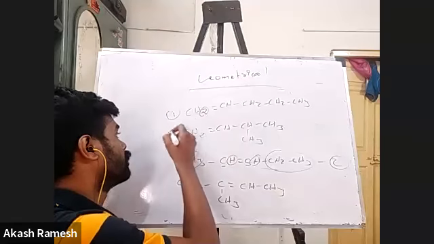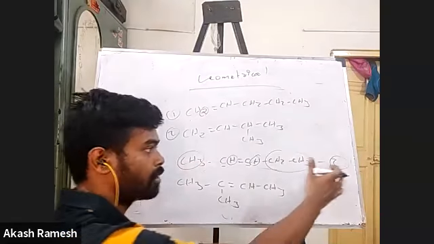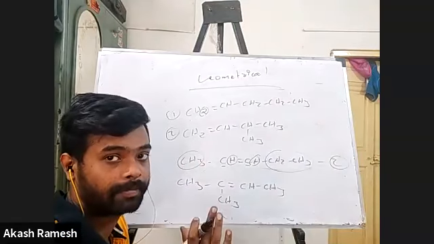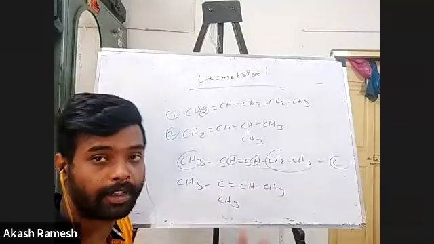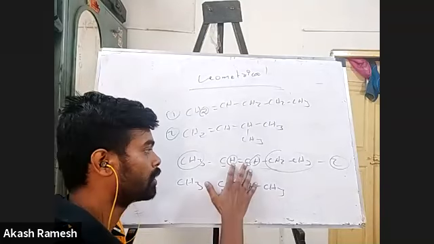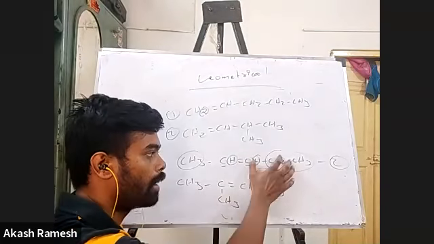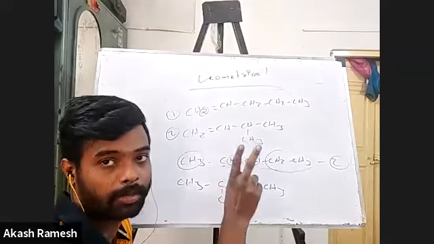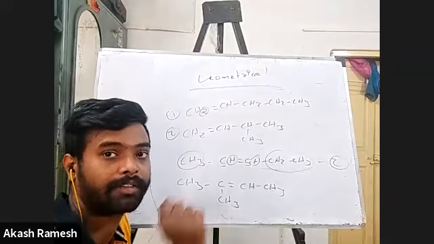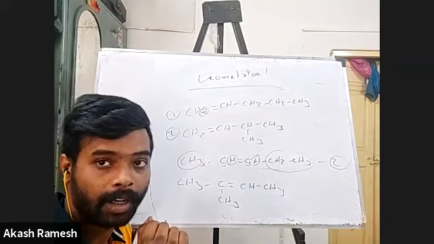So 1, 2, 3, 4, because I have cis and trans here itself, and then 5. Oh, so you count the structure separately and then cis and trans. Exactly. You're asked how many different isomers there are, so I cannot consider them as one. I have to consider them as 2 isomers because I have cis and trans in this itself. Understood? So 1, 2, 3, 4, 5. Totally fine.